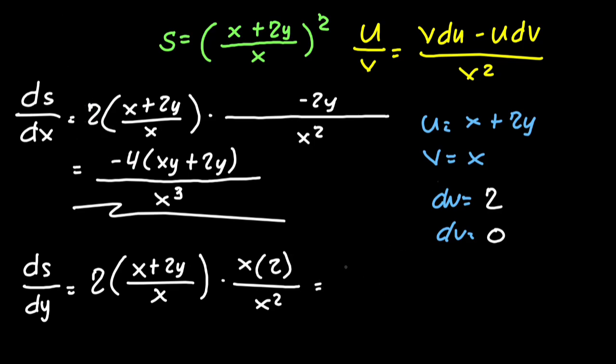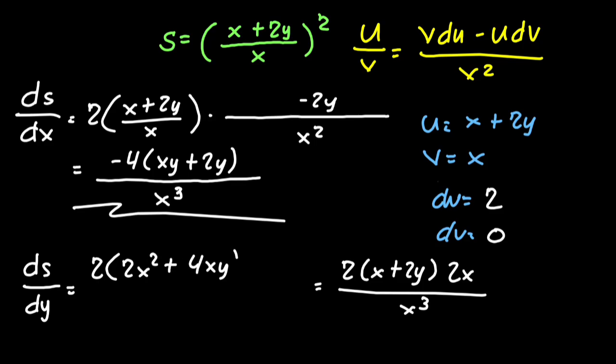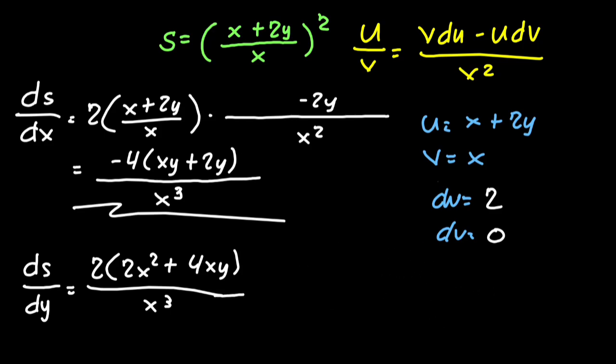And so this would be 2 multiplied by x plus 2y multiplied by 2x over x cubed. So distribute 2x amongst the parentheses. So this would be 2x squared plus 4xy over x cubed. If you want to factor it even further and simplify, let's do it. So factor out 2x right here.